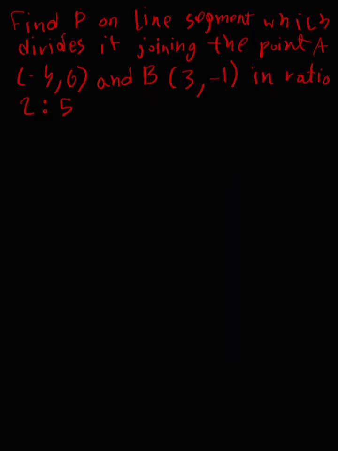So let's look at a sample problem. There's this line segment, and there is a point A, which is minus 4 comma 6, and this is point B, 3 comma minus 1.